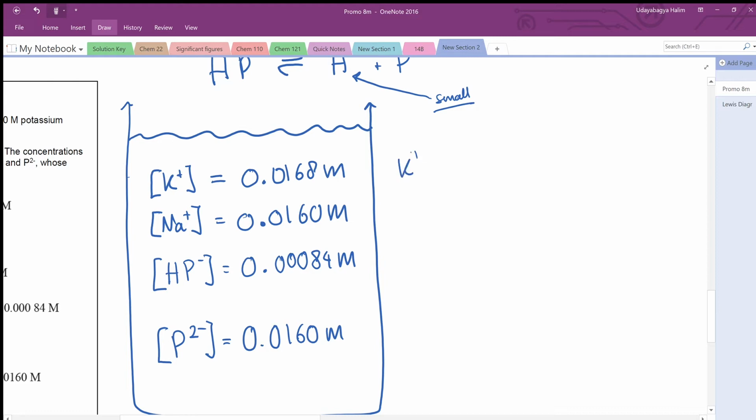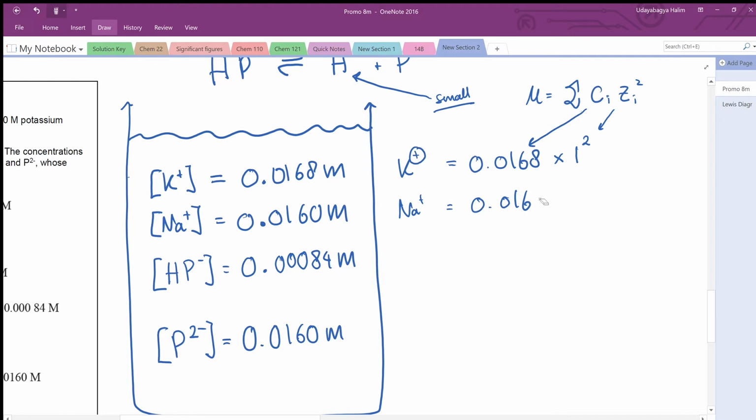So K plus is going to contribute 0.0168, as a unitless quantity, times the charge of the potassium ion, which is 1, so 1 to the power of 2. So again, mu is the sum of the concentration of species i times the charge of species i to the power of 2. For Na plus, 0.0160 times 1 to the power of 2.